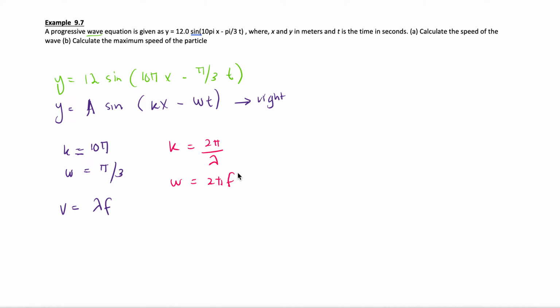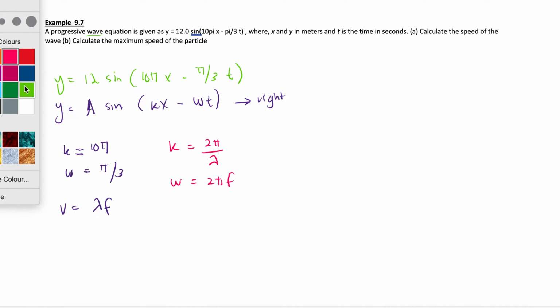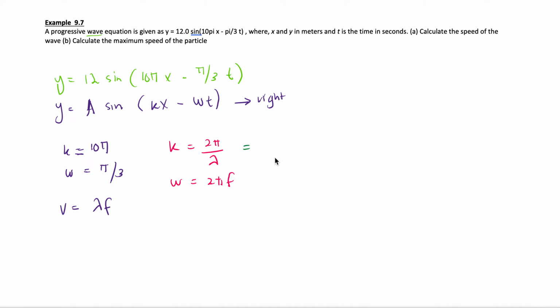That is the equation. So if I want to use this equation to solve for my lambda, I would substitute 10 pi equals 2 pi over lambda. So this gives me lambda as 2 pi over 10 pi. Cancel out. So that is 1 over 5 for lambda.